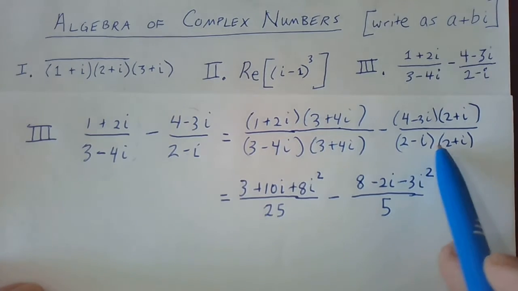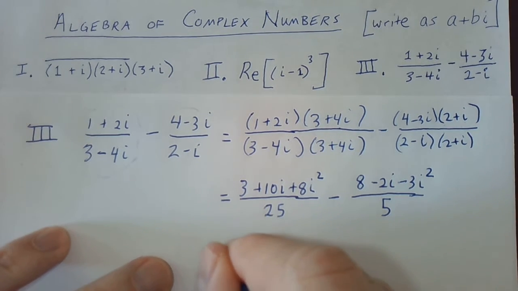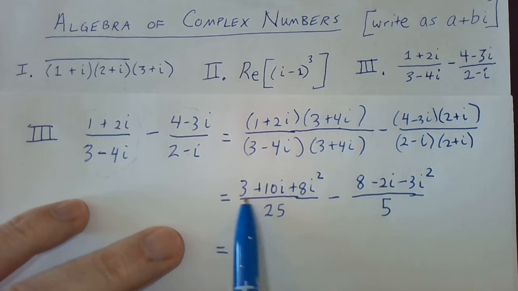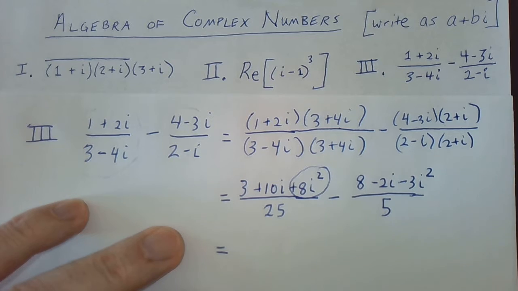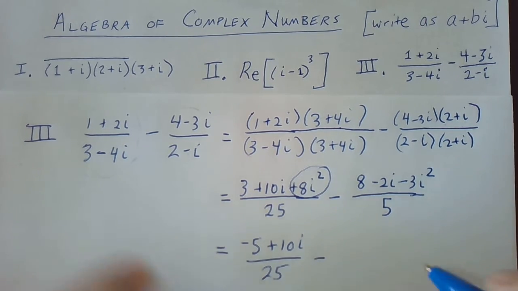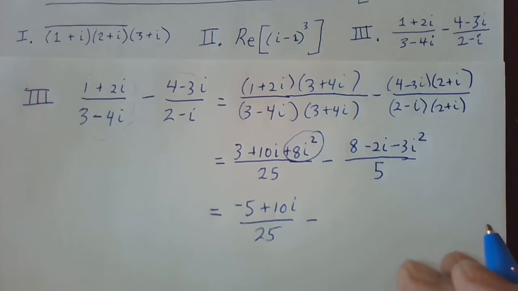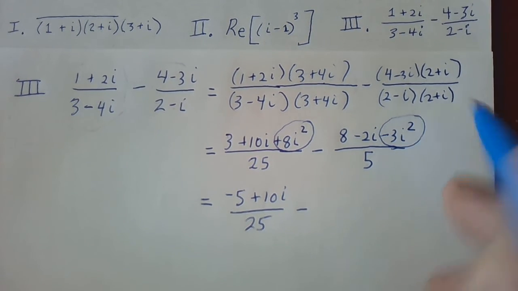And once again, if you want, you can FOIL that out and verify that you get a 5. So this will be equal to, this is a negative 8 right here. Negative 8 and 3 is negative 5, plus 10i over 25, minus, this is a positive 3.